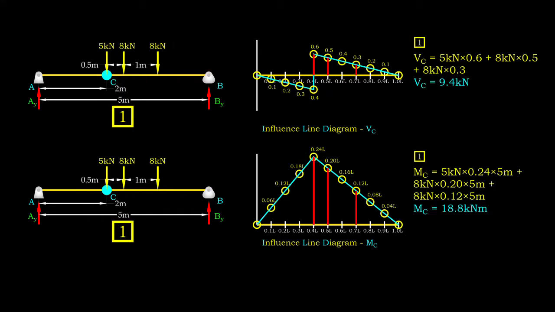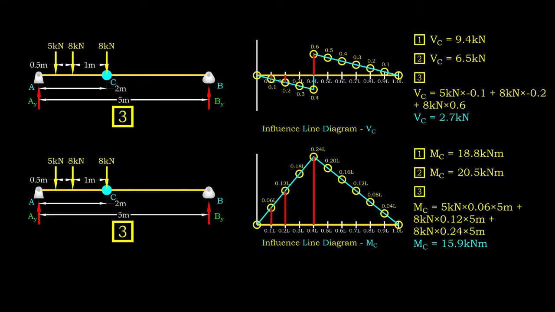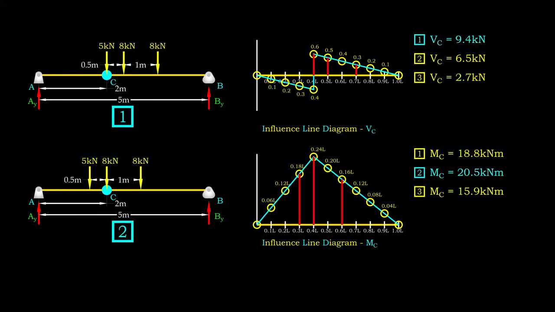Then, we coincide it with the first concentrated load of the series and determine the resultant internal force due to all loads. We will then repeat the process by coinciding the peak with each subsequent concentrated load. After the trial and error process, we should obtain the most critical internal forces that can ever take place under this loading.